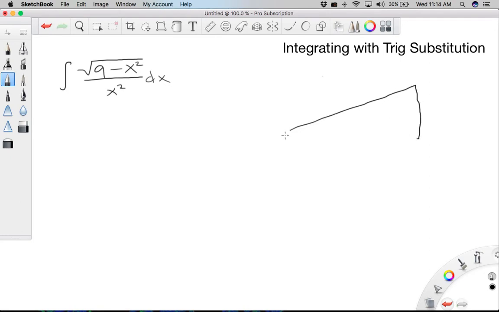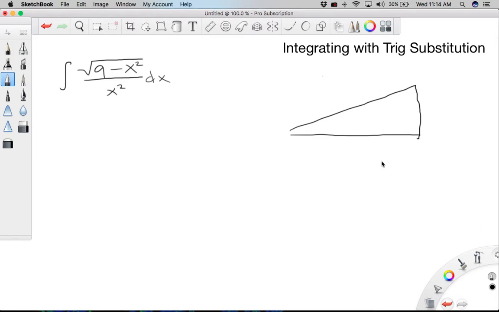And it's not just any triangle. The way that we build this triangle is going to allow us to substitute some of our x's and our dx's for trig functions in terms of theta instead of in terms of x.